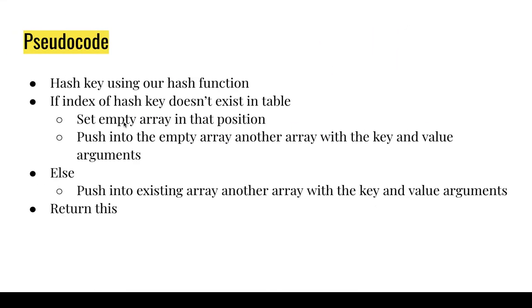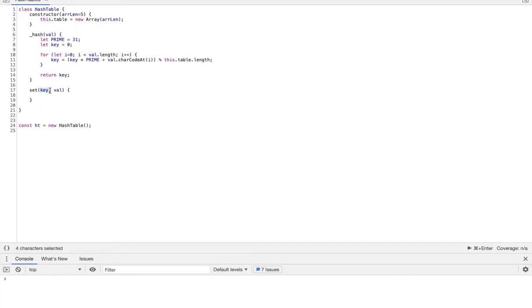So looking at our pseudocode, the first step is to hash the key using our hash function. Okay, so we have the argument key here. So we are going to use this method right here to hash it. In a variable called hashedKey, I'm going to do this.hash and then pass in the key argument right here.